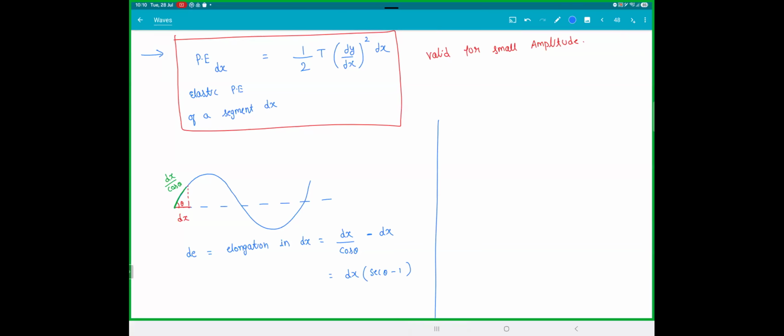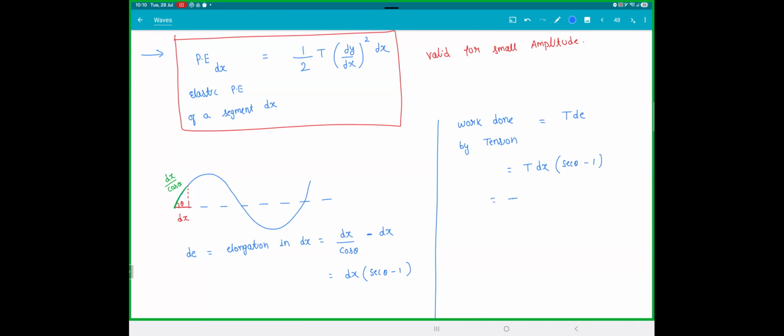It used to have a length of dx. Now it became dx by cos theta. So work done by tension will be tension into elongation, because the tension is almost constant. That would be T into dx into (sec theta minus 1).